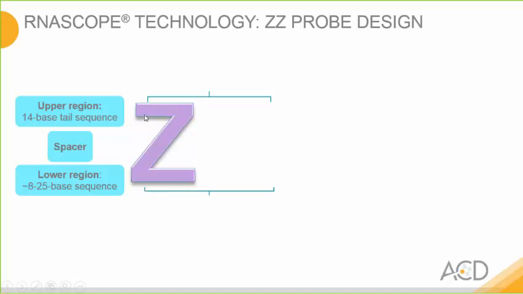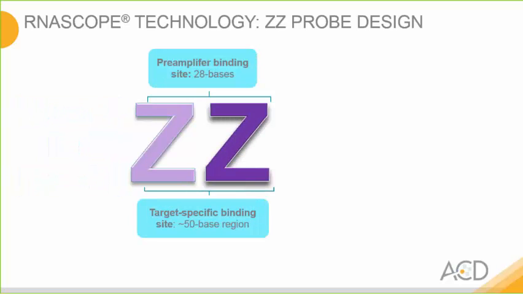The upper region is a 14 base tail sequence, and there's a spacer region that links the upper and lower regions of the Z. The lower regions of the double Z, 2 oligos, make up a target-specific binding site that's about 50 base pairs. The upper region of the double Z forms the pre-amplifier binding site, and this is where the amplification cascade occurs.